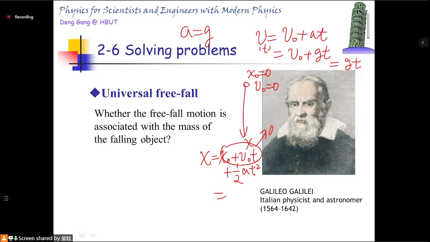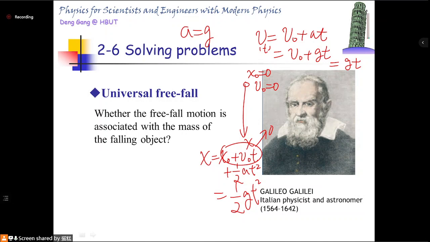Only half at squared remains, and a is equal to g, so it is half gt squared. According to these two equations, the speed is proportional to time, and the displacement is proportional to the square of the time. It has nothing to do with the mass, which means if you have two objects, one heavier and one lighter, and you let them fall from the same place, they will hit the ground at the same time.